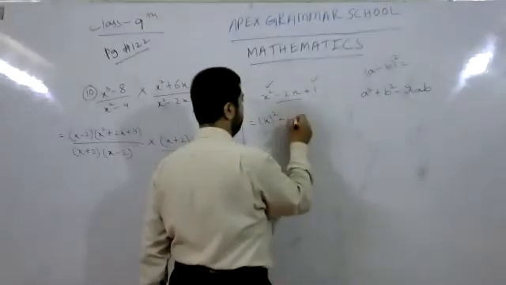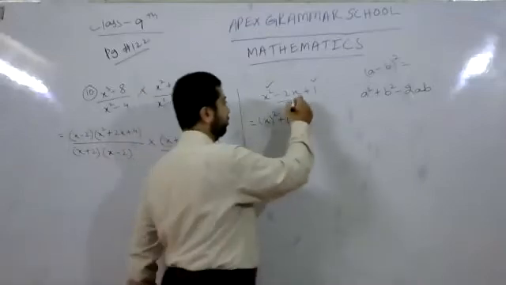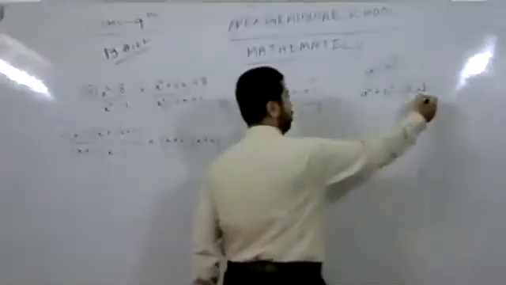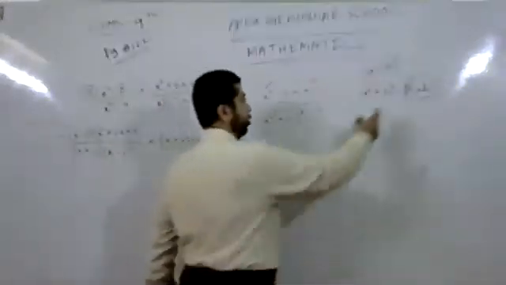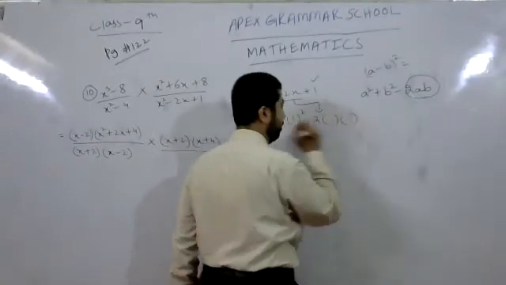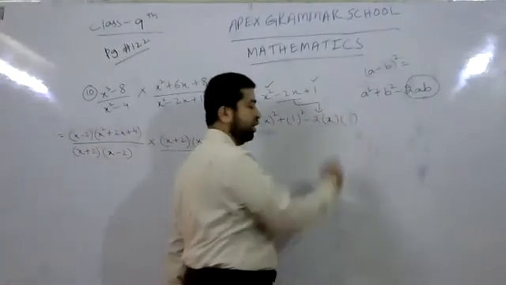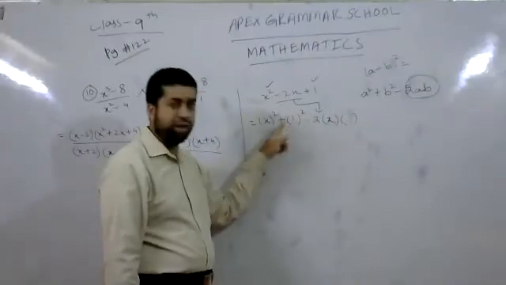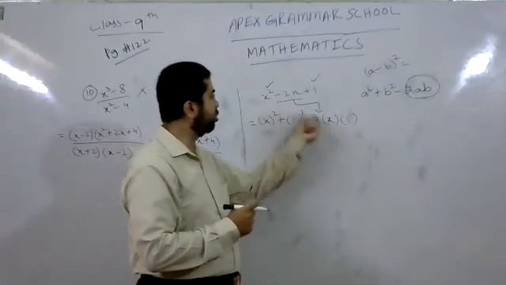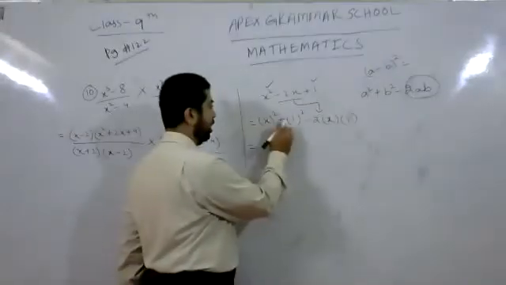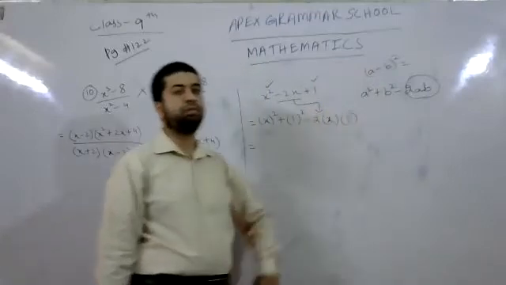After that, plus b square, say 1 square. After that, we need to write it in the language of this formula and confirm whether it is minus 2ab or not. What is the value of a? Beneath this square, it is a. What is the value of b? Beneath this square, this is b. So confirm it, minus 2x multiplied by 1, it means it is minus 2x. So this is basically the a square plus b square minus 2ab formula. That is equal to a minus b whole square.